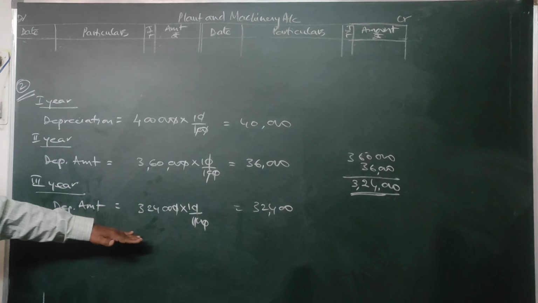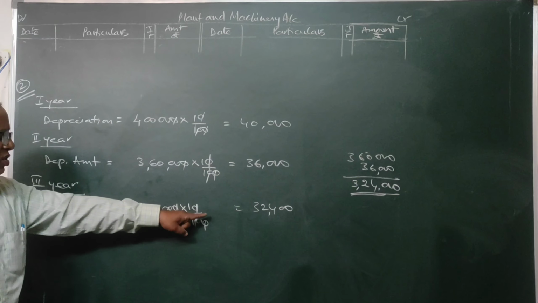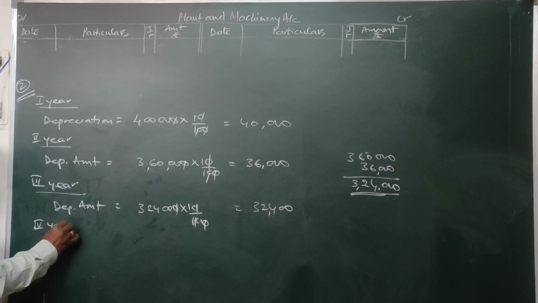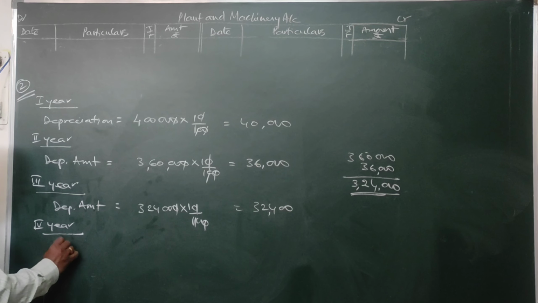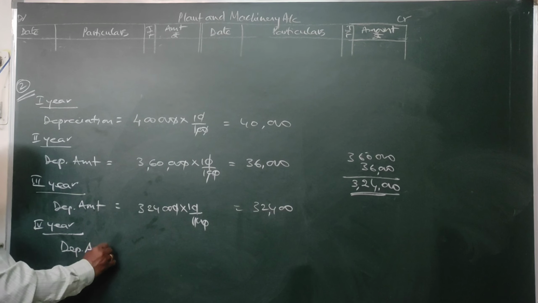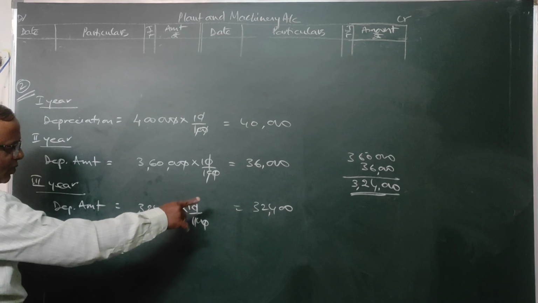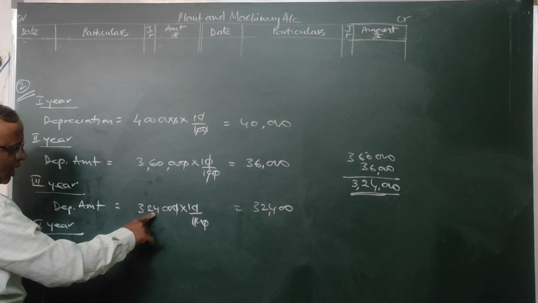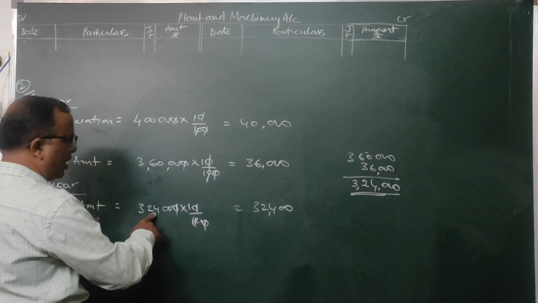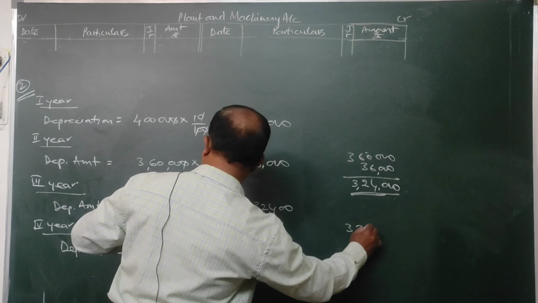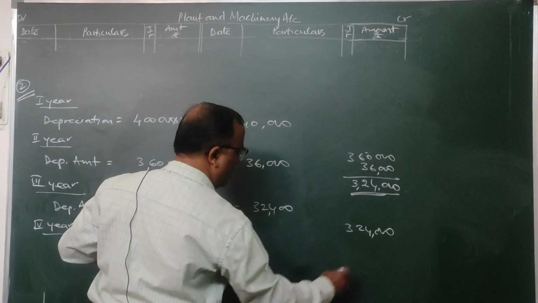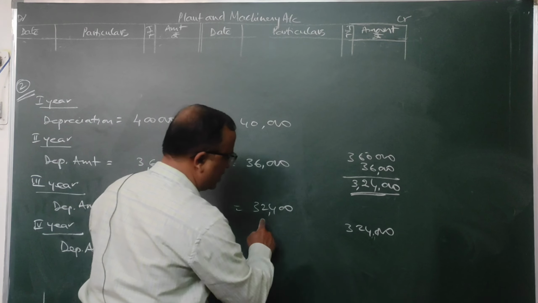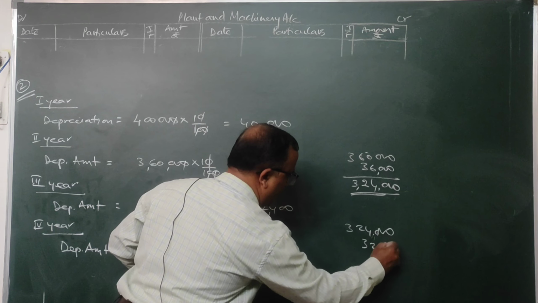So he is asking us to calculate depreciation for 4 years. So this is the third year. Now you try to calculate it for the fourth year, how much will be the depreciation amount here. So depreciation amount for fourth year, you are going to calculate something like this. This was the book value in the beginning of third year. How much? 3,24,000. From 3,24,000, the depreciation provided in this year is 32,400.